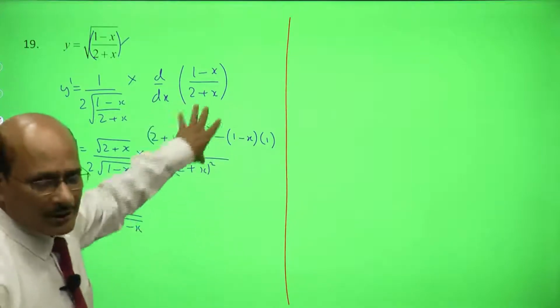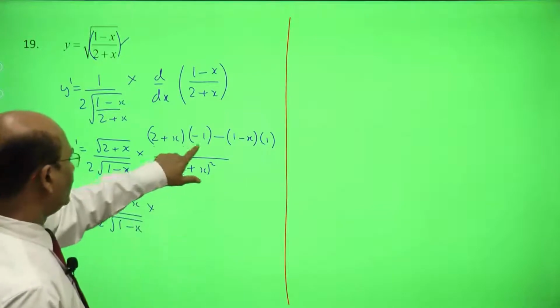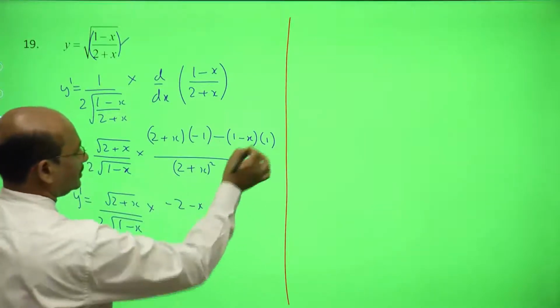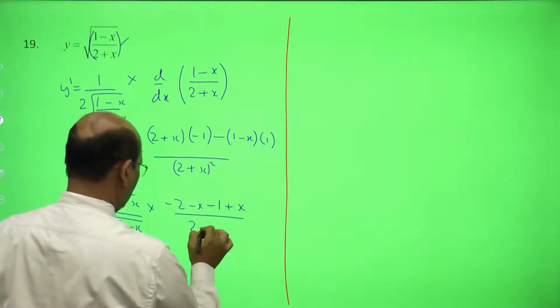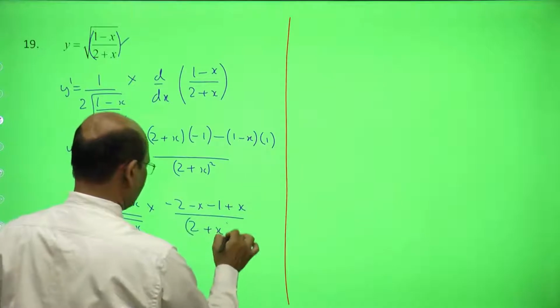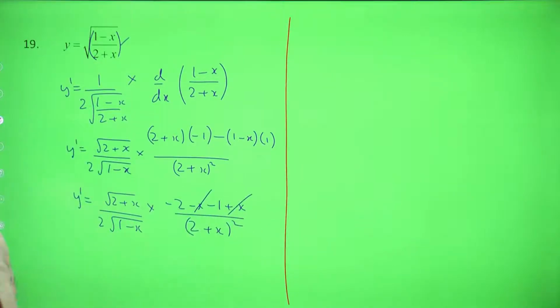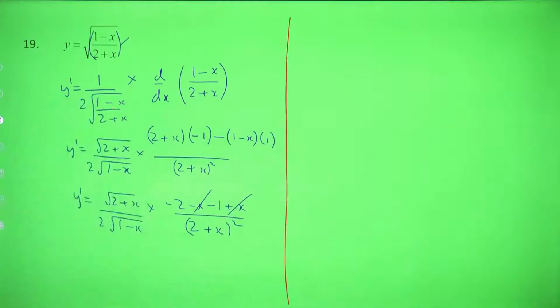Let me see what ends up in this simplification. This will become minus 2 minus x minus 1 plus x upon 2 plus x whole square. So this cancels out completely. I give you 1 minute, complete this quickly.